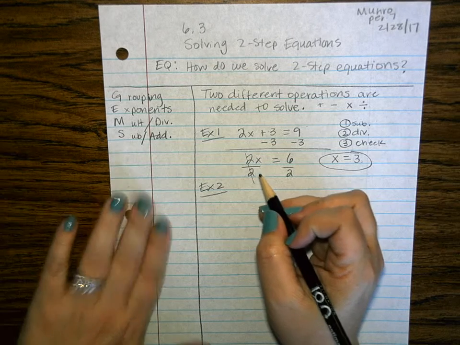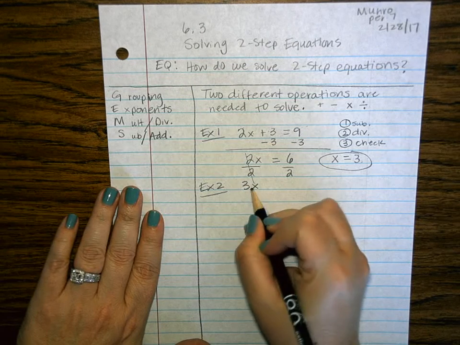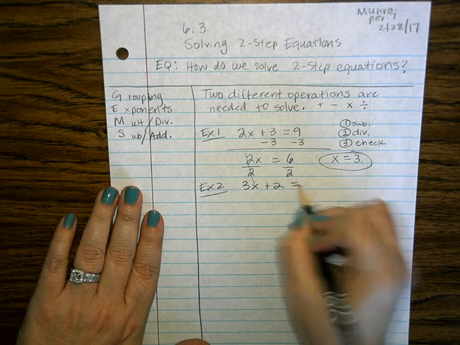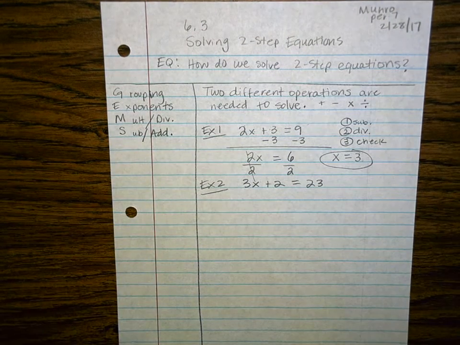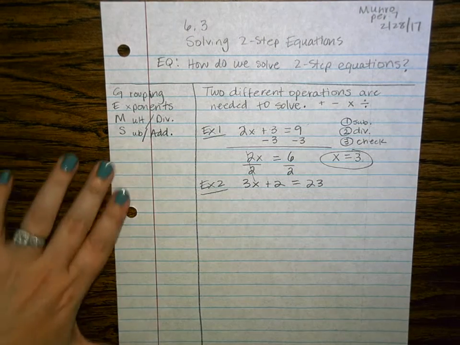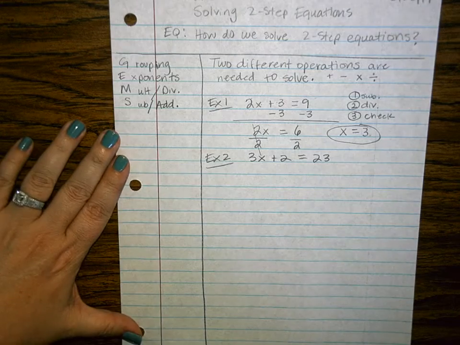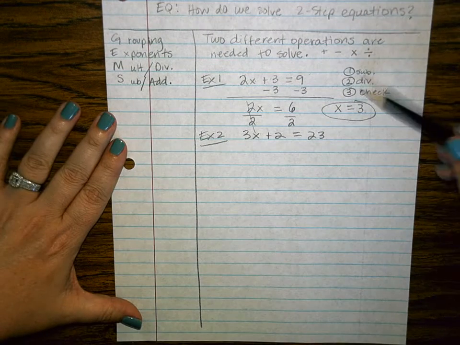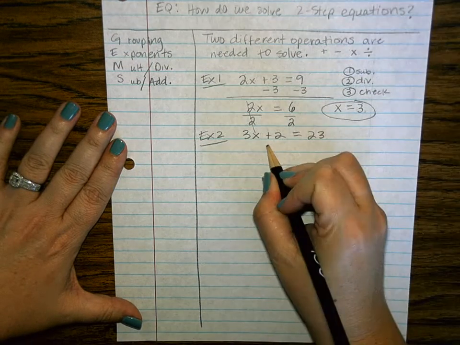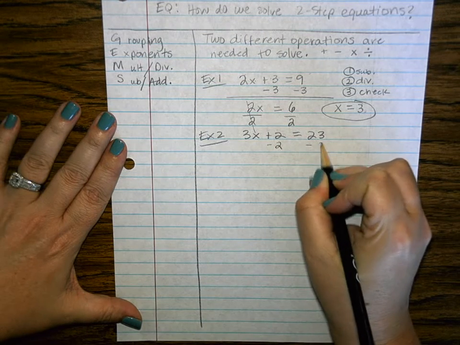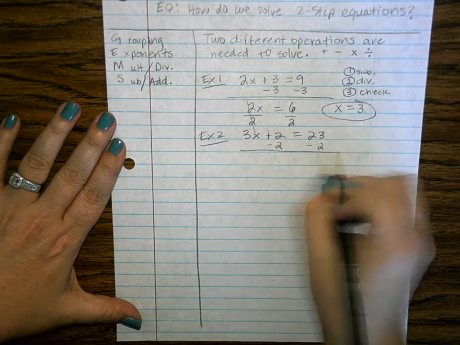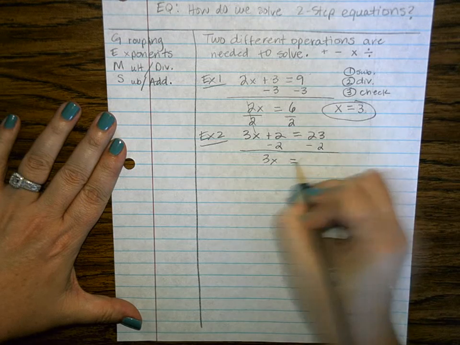Example 2 is easy too. We have 3x plus 2 equals 23. Very similar problem, right? What's step 1? Subtract. I'm not going to write out the steps again. You guys can see. So we subtracted 2 here. So that means we have to subtract 2 here. So we get 3x equals 21.